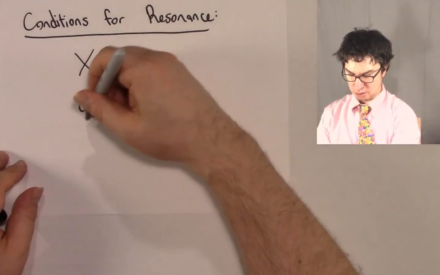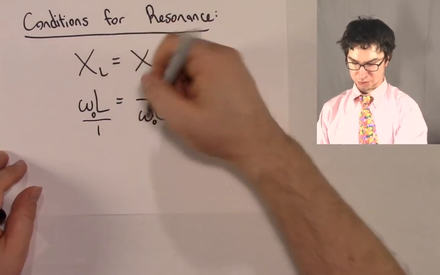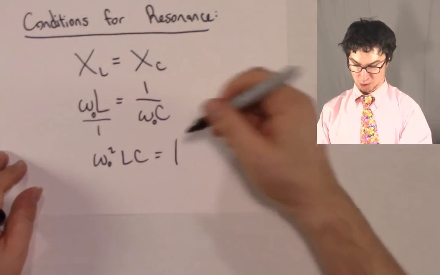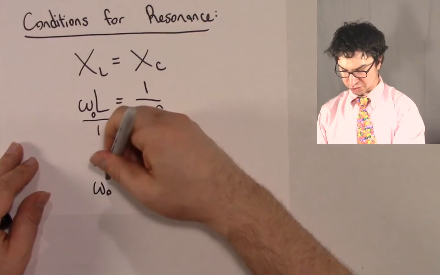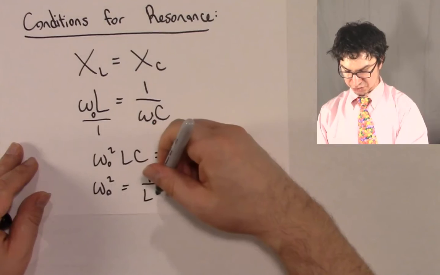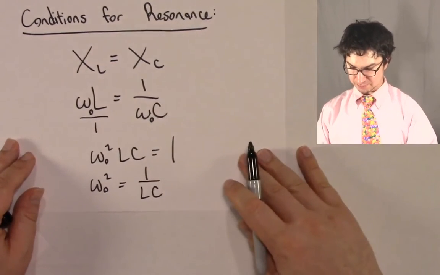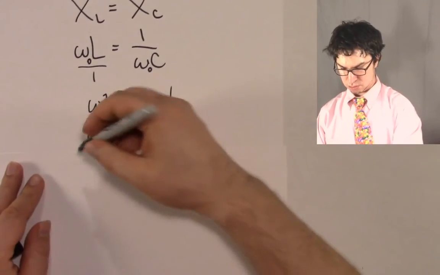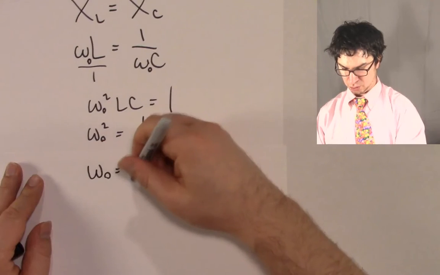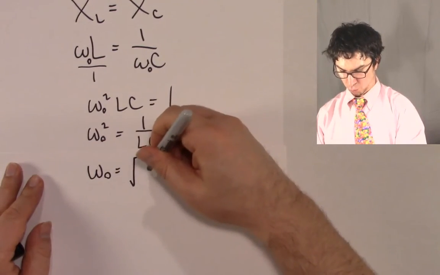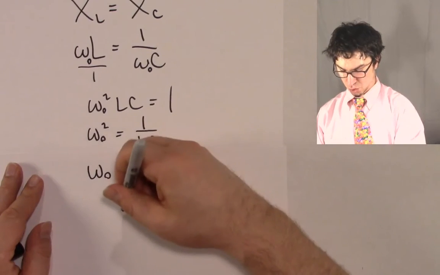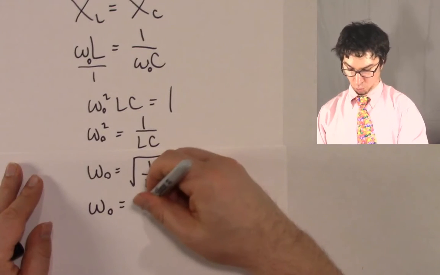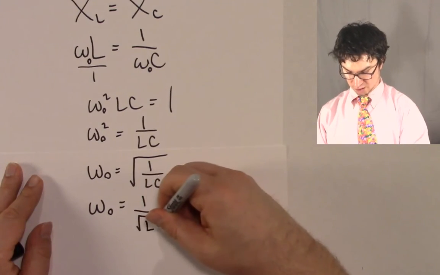So this is like omega naught L over 1, so cross multiplying gives you omega naught squared times LC equals 1 times 1 is 1. So that gives you omega naught squared equals 1 over LC, or you could simply write omega naught is equal to the square root of 1 over LC, or omega naught is equal to 1 over the square root of LC.